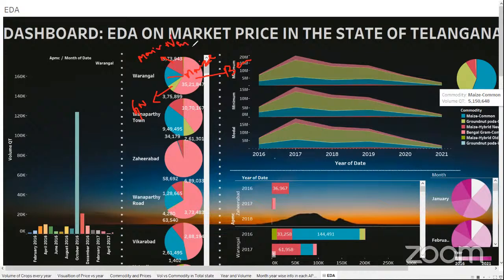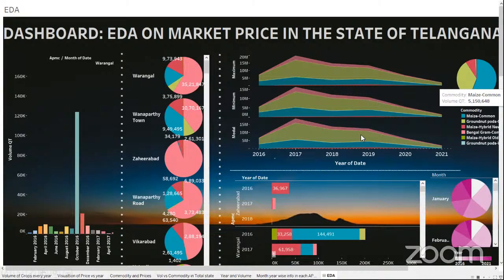Okay, I'm just roughly writing it. Please ignore my handwriting. Apart from that, we had other colors, a shaded blue color and green color. However, we do not find them in Warangal. So that is how we could get the data of each specific APMC and their commodity values.